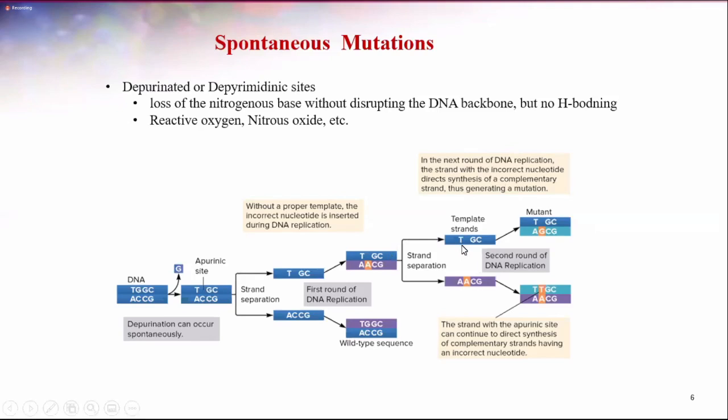So just having that apurinic site within just 2 to 3 generations will give you a heterogeneous mix of bacteria where 3 out of 4 bacteria are going to have a random base inserted in that place.